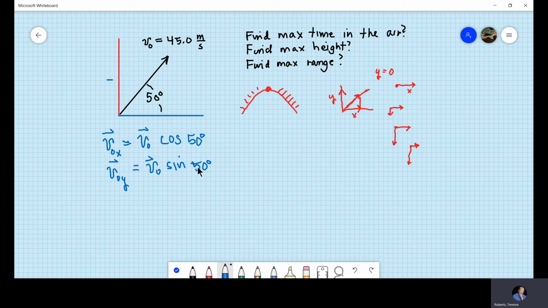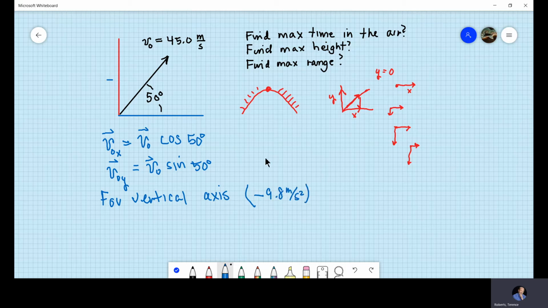So for the vertical axis, the only acceleration is on the vertical axis. On the horizontal axis, the x, there is no acceleration. Basically we can define, and we just put down, it's going to be 9.8 meters per second squared, of course, for g.